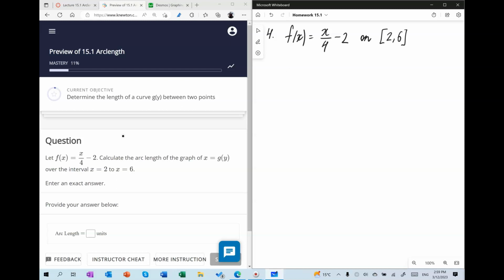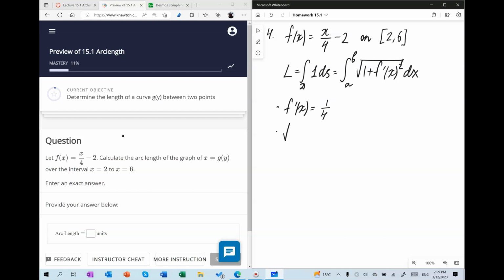So if we're going to consider everything the way it's provided to us, then we're going to be using this formula, and we're going to interpret everything in terms of x. And the first step is to find the derivative of f. And the second step is to set up the integrand in the most simplest way. We have square root of 1 plus 1/4 squared.